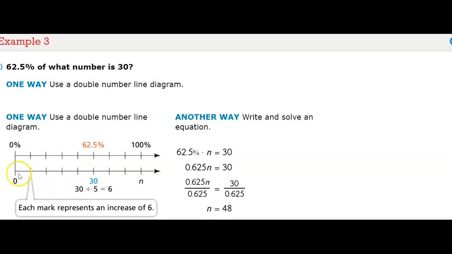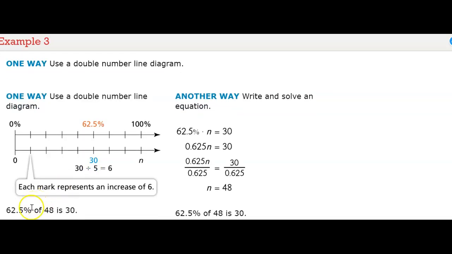Because there were 5 spaces leading up to 30, that is why they divided by 5 to get the increase of 6 each time. With that being said, 62 and 5/10% of 48 would be 30.